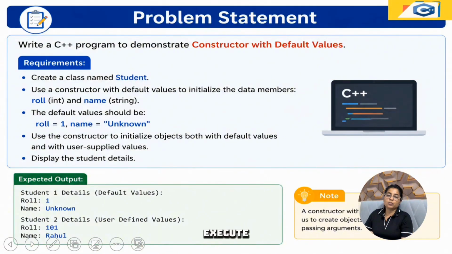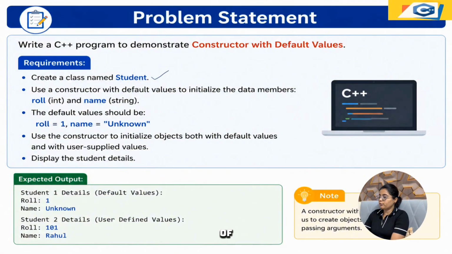Now we will execute one problem statement which I have explained in the previous slide. We will take a student class with roll number and name, but instead of two variables, I will take one more variable as course. For that course, I will give a default value as computers.